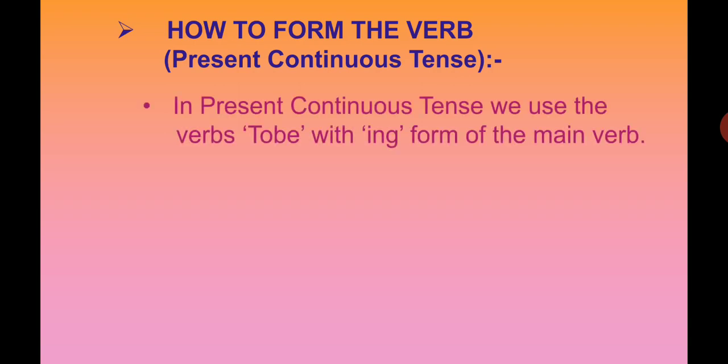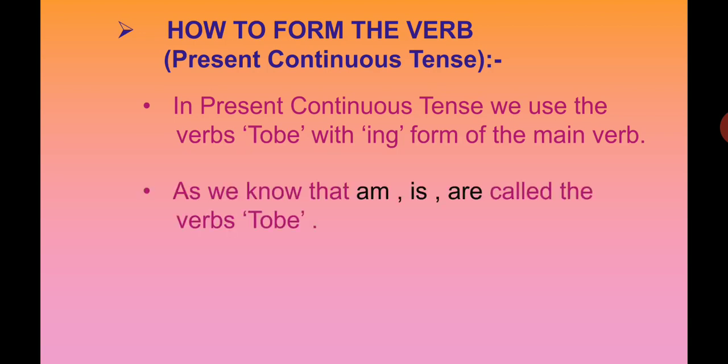In present continuous tense, we use to be verbs with the ing form of the main verb. You know what the to be verbs are? Am, is, are are called the verbs to be. They are the to be verbs, right?